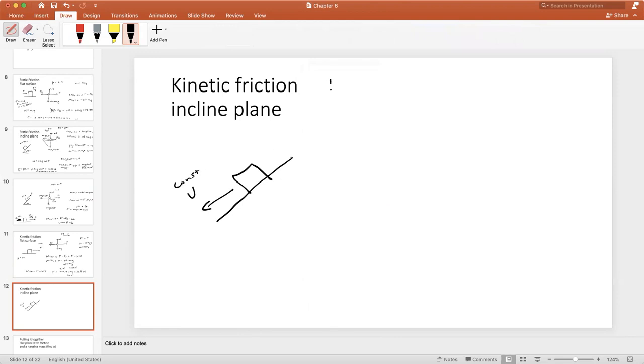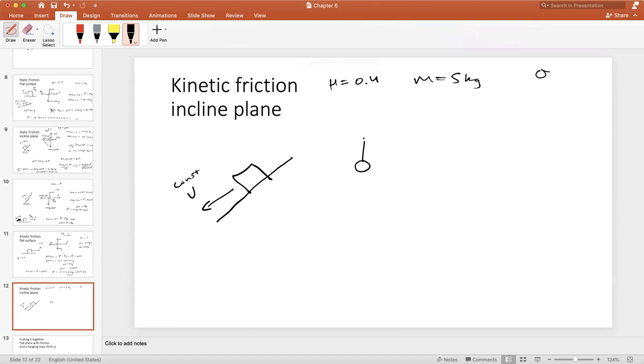And there's friction. Mu is 0.4. The mass is 5 kilograms, right? And so I want to know if this thing's sliding down, I want to know what angle would give this thing constant velocity. So how do I do that?